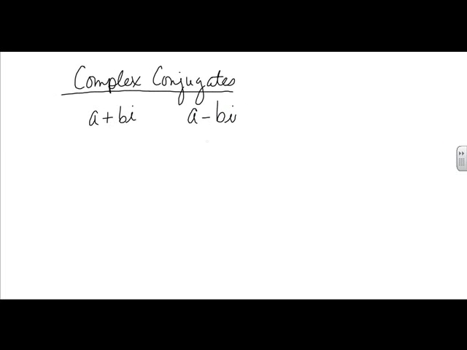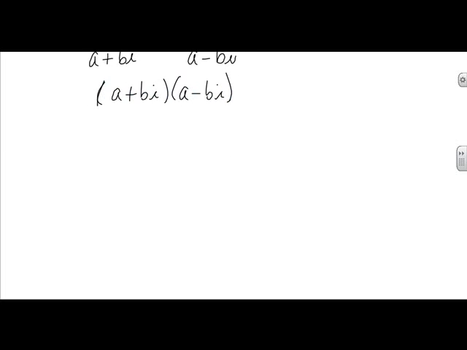if we multiply a plus bi and a minus bi together, just like multiplying any other pair of complex numbers, you use the FOIL method or double distribute. A times a is a squared.